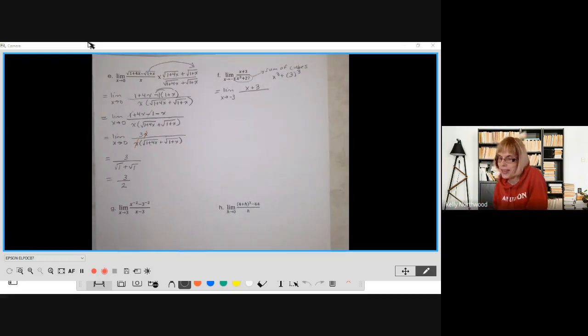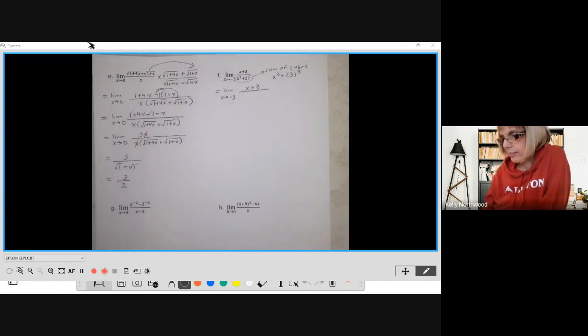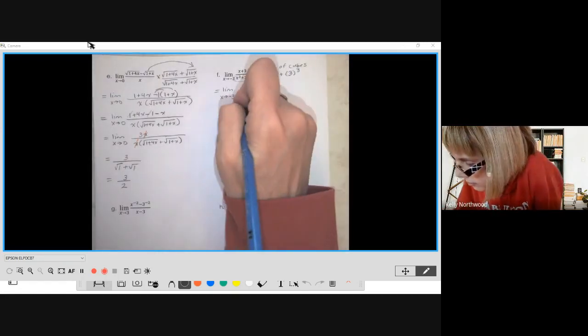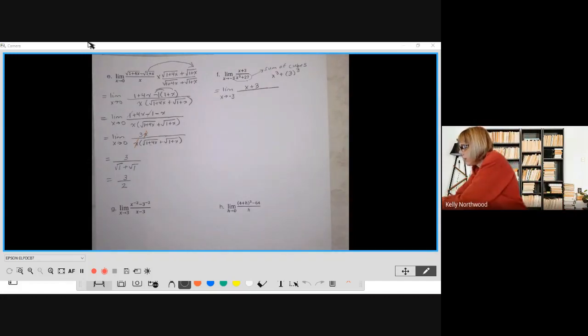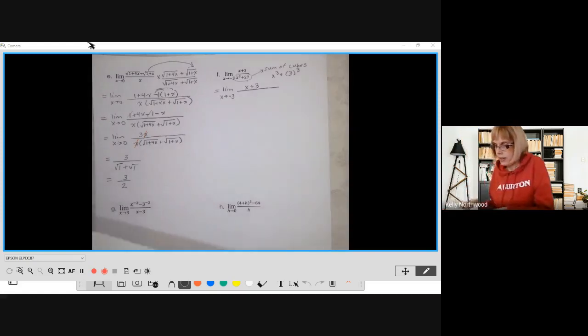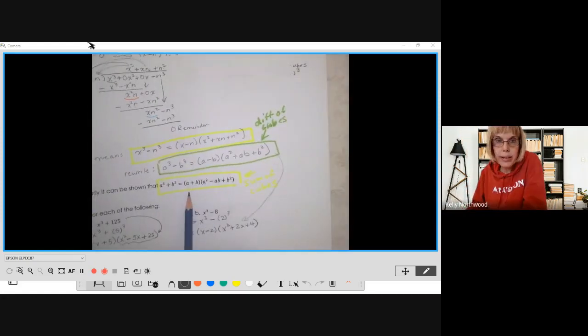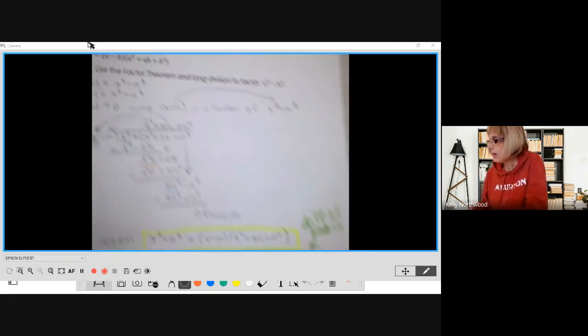Okay, so see if you can figure out what that factorization would be in the bottom. So I'm going back to the first page here that had this formula, sum of cubes, and I want to factor it so it looks like that.